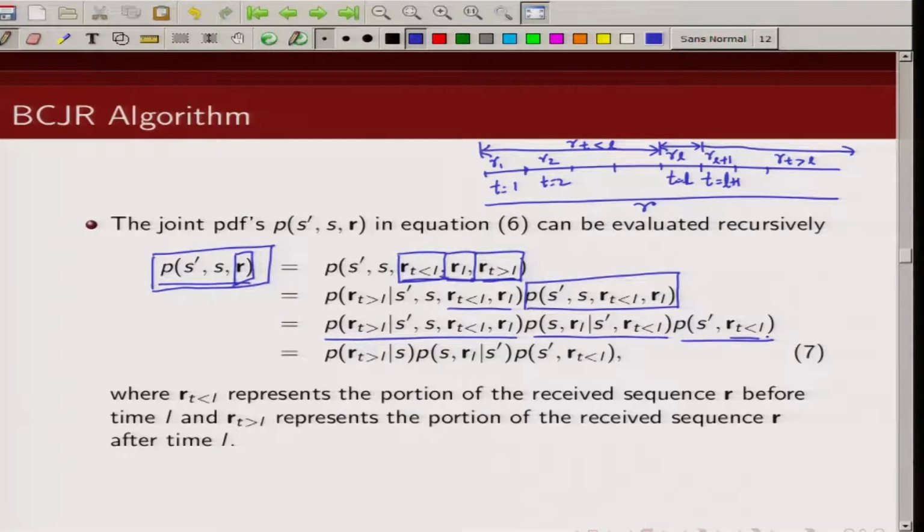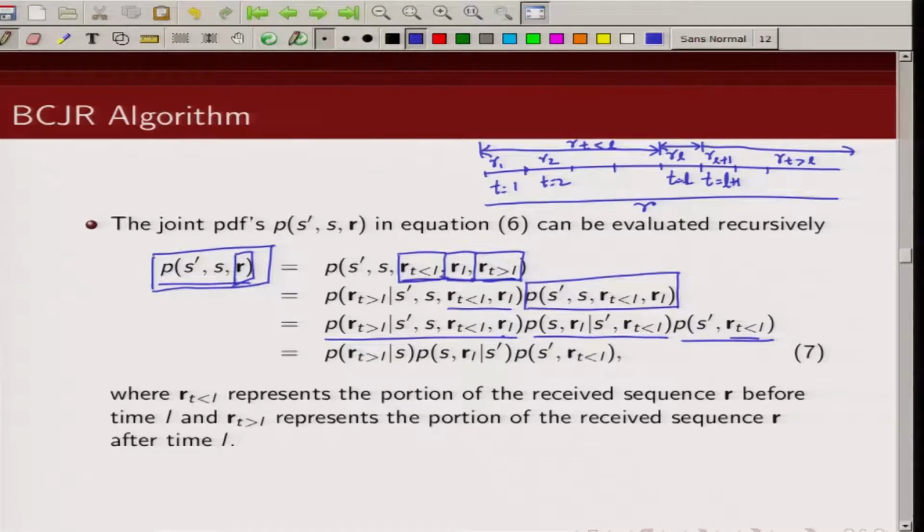Okay. Now, let us look at this. So, probability of R when t is greater than L given initial state S prime, next state S, and the received sequence before L and received sequence L. So, let us look at the trellis diagram.